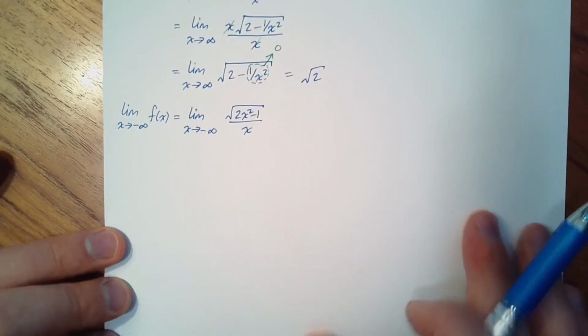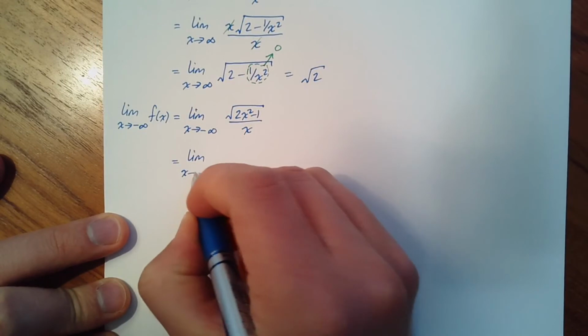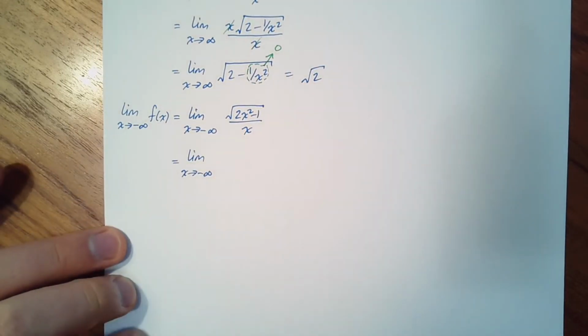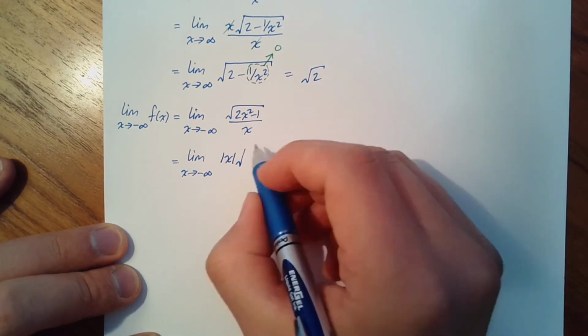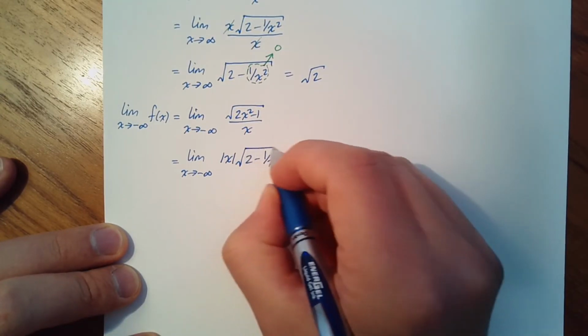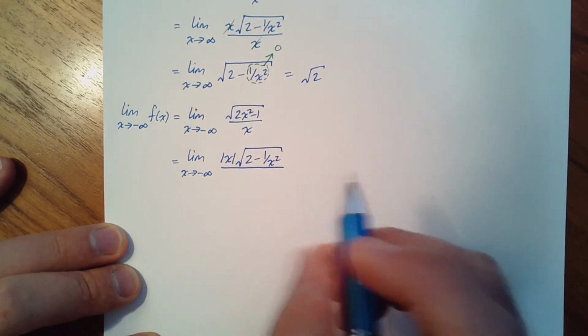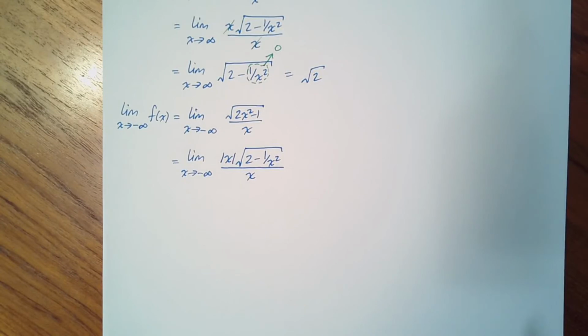So for our next step, I'm going to say let's write this as equal to the limit as x goes to negative infinity of the absolute value of x times the square root of 2 minus 1 over x squared, all divided by x. So now it's going to be a little bit different than last time.